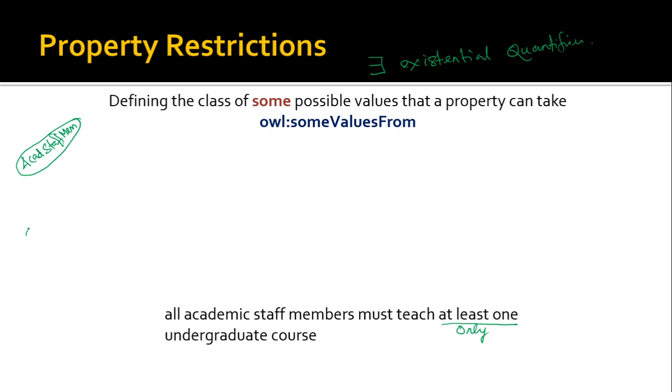Here we are having a same relation, having a set which is basically representing the elements that teach at least one undergraduate course, right? And we want this to be a subset of it. So let us see how we represent this in OWL form.